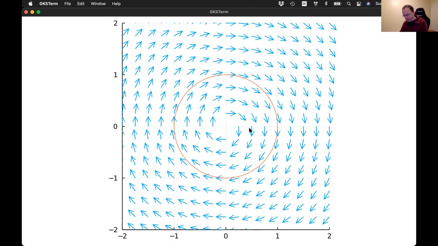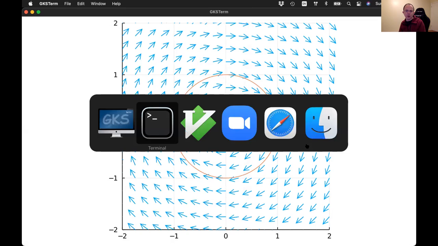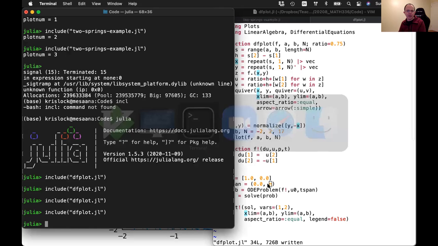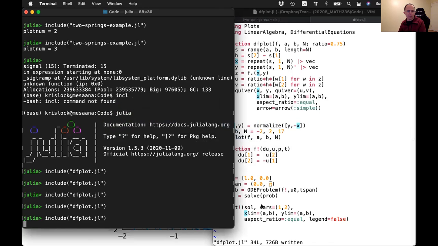And we can verify that by stopping earlier than 2 pi and seeing how far it got. So if we change this t-span from 2 pi to pi, and then we solve it again, it should be faster this time.